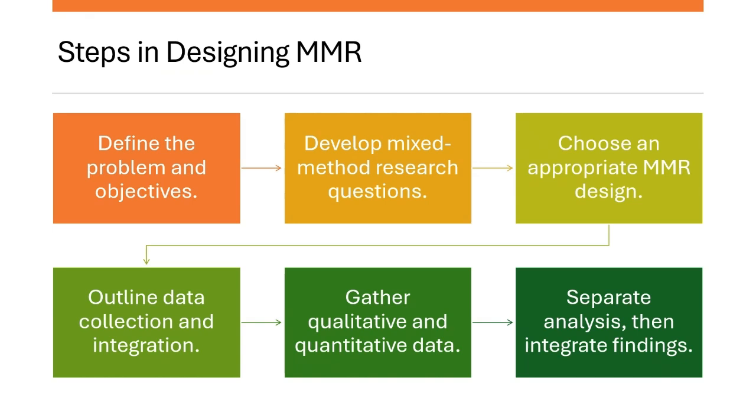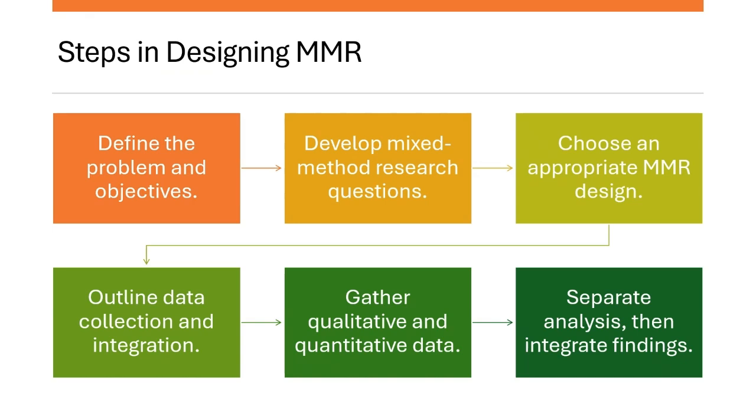So there would be more than one question to align with each of the research methods. And then we need to decide which would be the appropriate mixed method research design. So you need to decide which aspect needs to go first. Are they going sequentially? Are they going parallel?